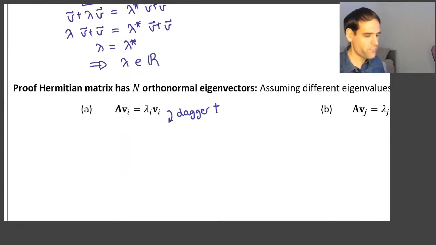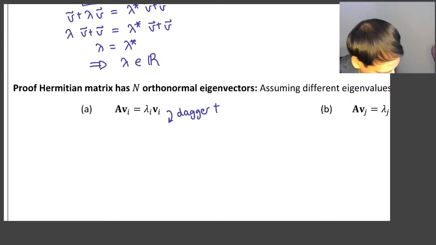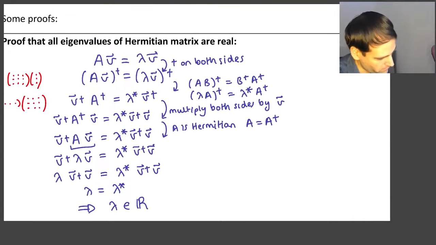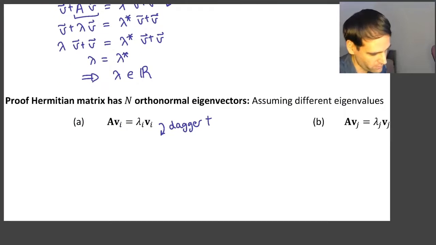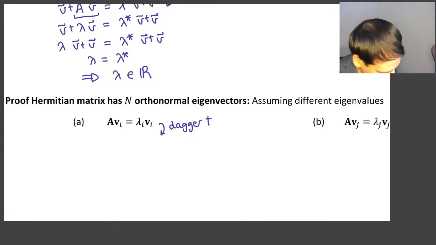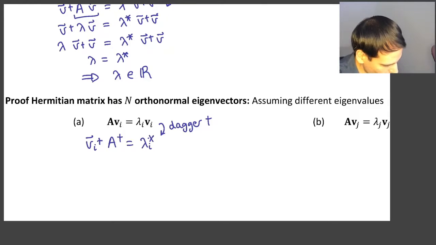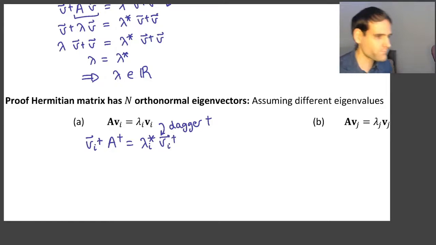So we are going to do the Hermitian conjugate. So we get that, remembering the same as before, that (AB) dagger is B dagger times A dagger. So let's do it in a single step. This is equal to Vi dagger times A dagger. And then on the right, we get that this is equal to lambda i complex conjugate times Vi dagger. Okay?